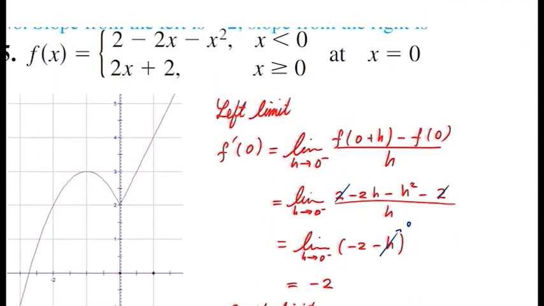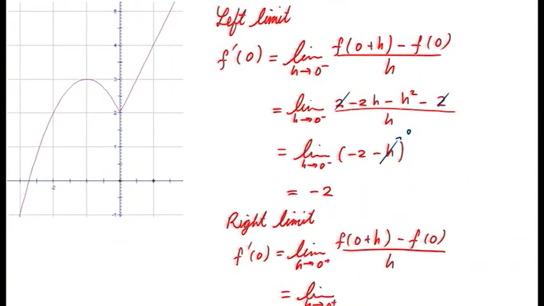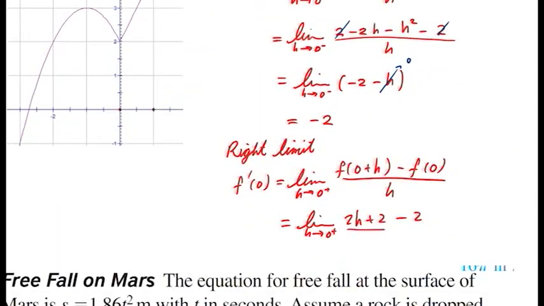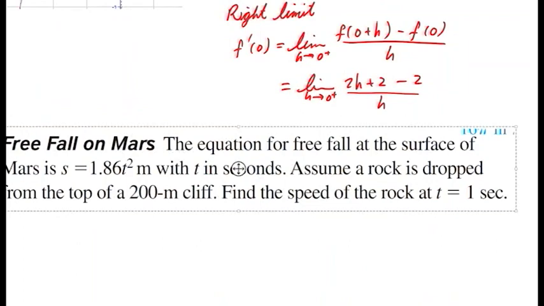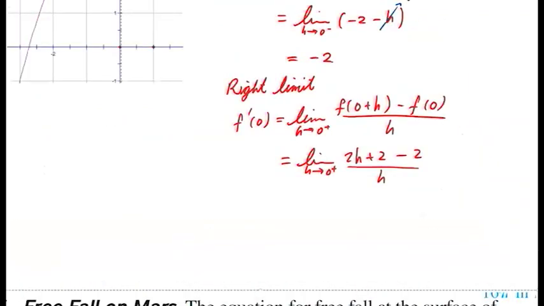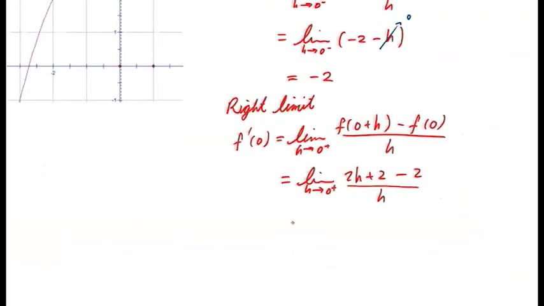So it's just 2h plus 2 minus 2, isn't it? Over h. Then they cancel. So it just gives you 2. You get it?